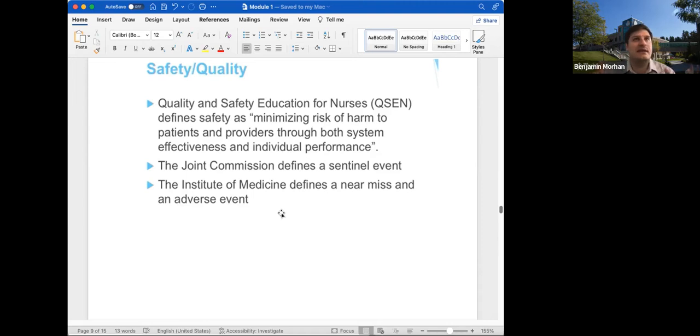So let's say that the nurse gave an IV infusion of heparin in a bolus, right? And the nurse realized that it was the wrong dose and decided to call the physician, get the antidote, which is protamine sulfate, and administer that to reverse the effects of the heparin. All right.